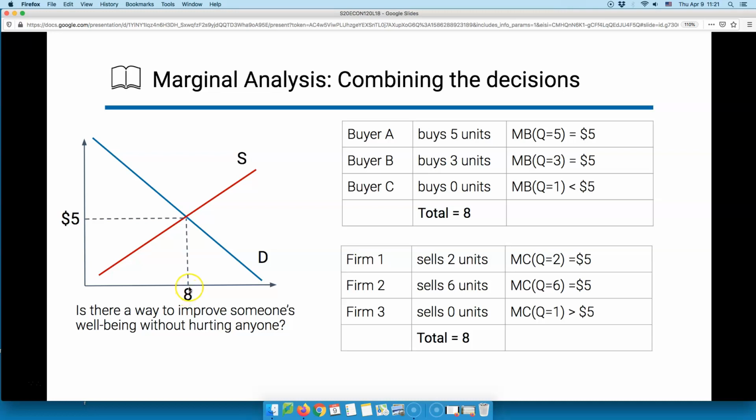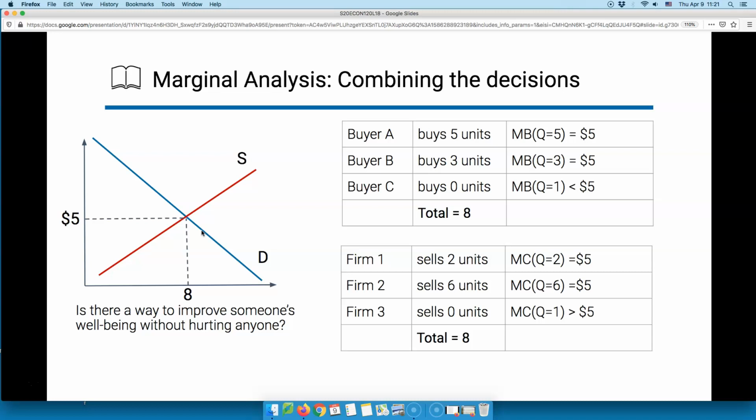Would producing the 9th unit be an improvement? And the answer again is no, because for the 9th unit, no buyer is willing to pay more than $5, and no seller would be willing to accept a price below $5. So the cost of production, which is going to sit on the supply curve, the red curve, for the next unit in this market would exceed the price that the buyers would be willing to pay.